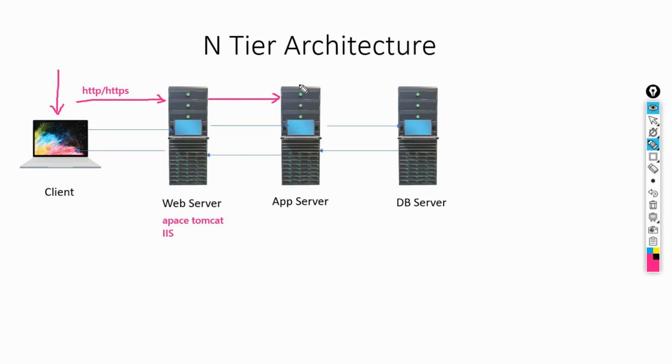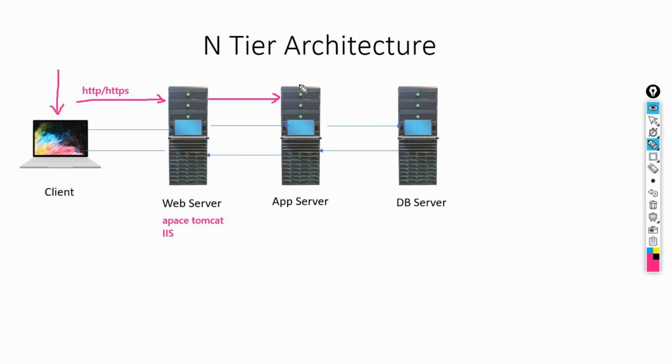The app server is nothing but the application server, which is very, very important. This server will hold and handle the entire business logic. That means whatever code is written by the developer for that application will reside in the application server.